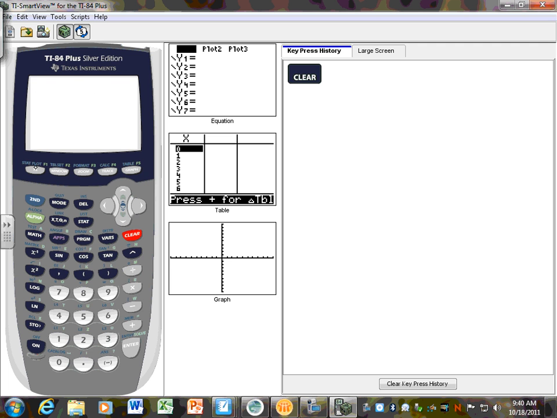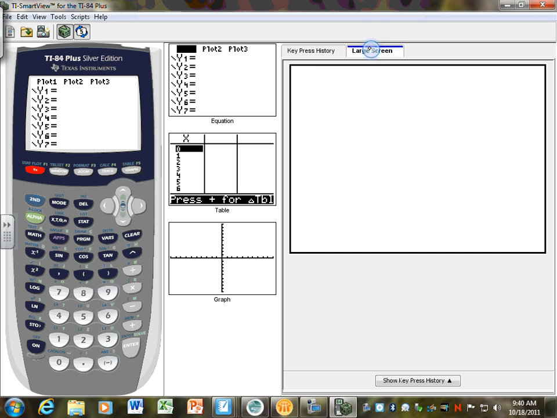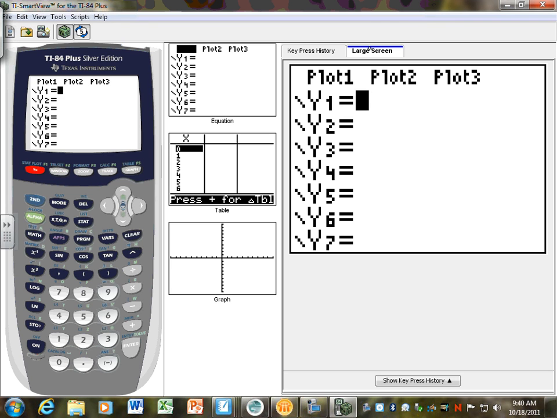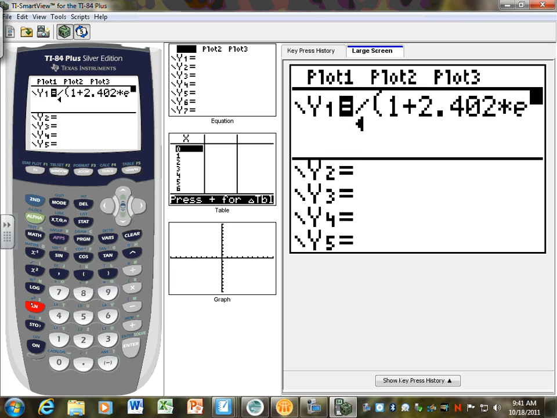Another thing that we're going to talk about on Monday is how to put this in your calculator correctly. There's lots of parentheses usually involved. But I'm going to type in 12.79 divided by, and I want the whole thing in parentheses, so I'm going to do parentheses 1 plus 2.402 times E, and see it automatically puts my little exponent up there, negative 0.0309.